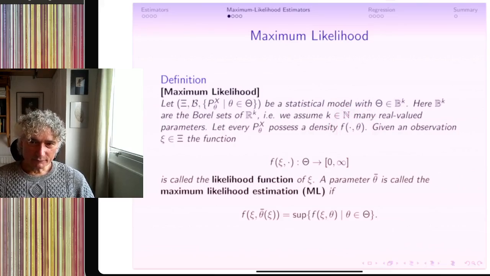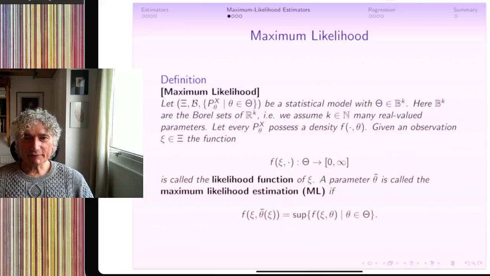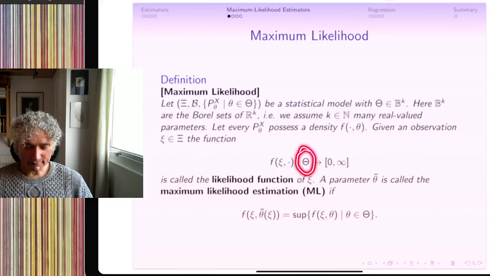Given an observation xi in Xi, so this is the observation that produces our data, the density of the induced probability P_X,theta can be interpreted as a mapping from the parameter space to the interval 0 to infinity. This is then called the likelihood function of the observation xi.